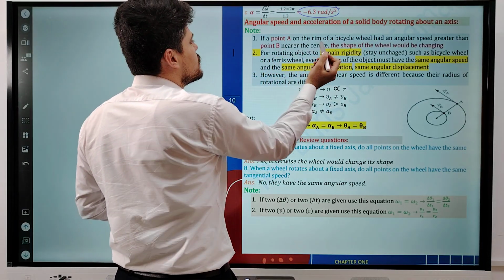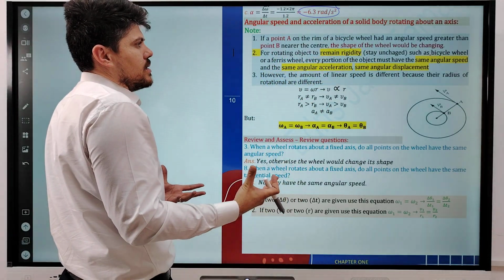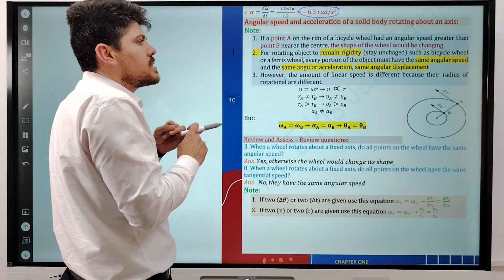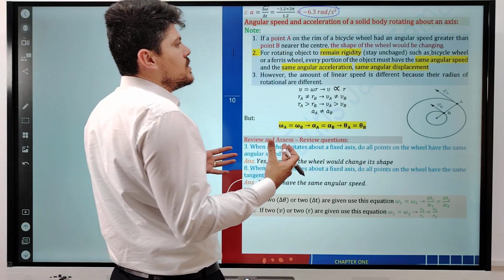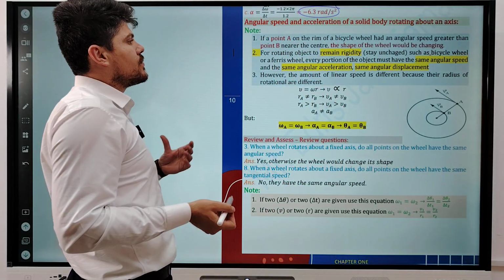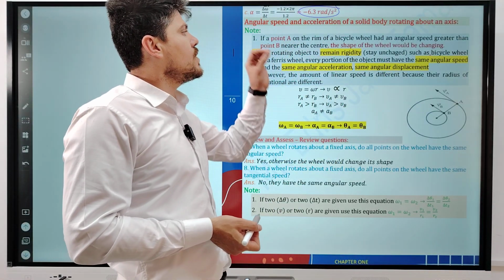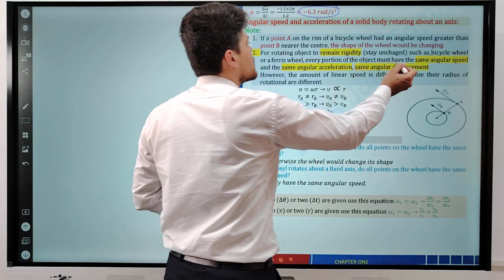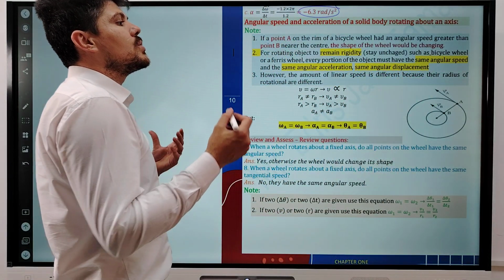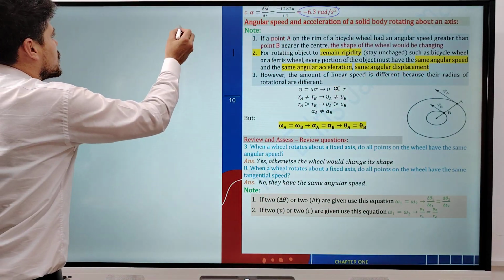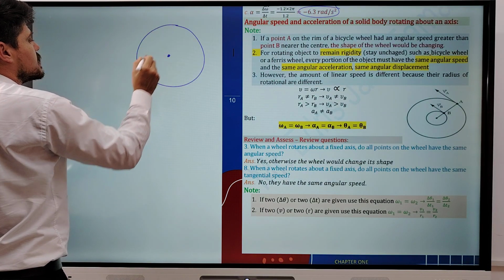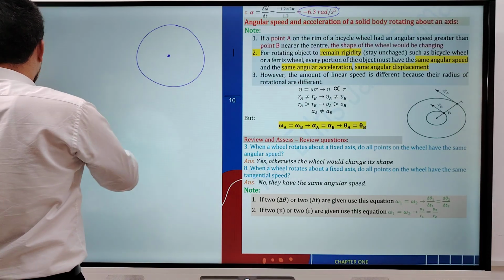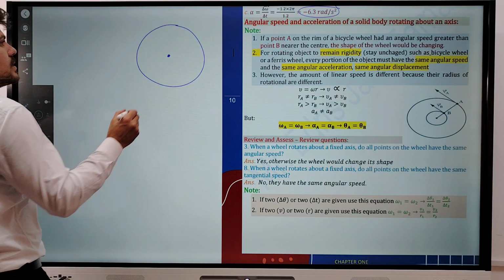So for a rotating object to remain rigid, unchanged, like a bicycle's wheel, a car's wheel, a Ferris wheel, a merry-go-round, every point of the object must have what? The same angular speed. For a rigid body, for example, this is a rigid body and this is the axis of rotation, okay? If you have 2 points, okay?